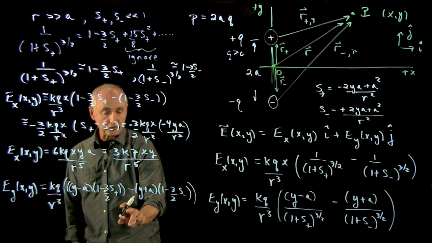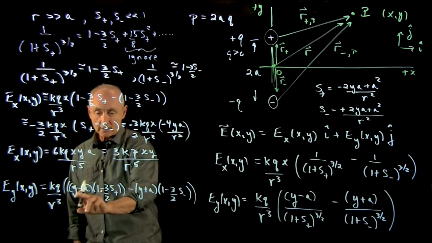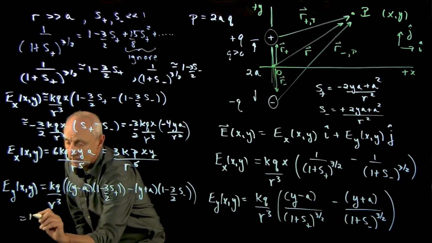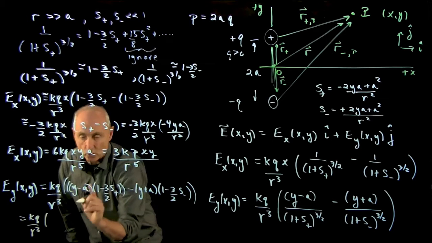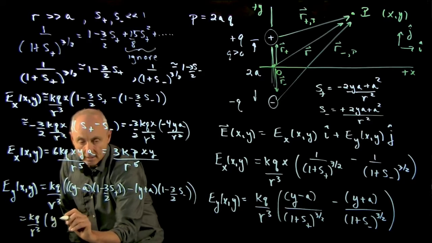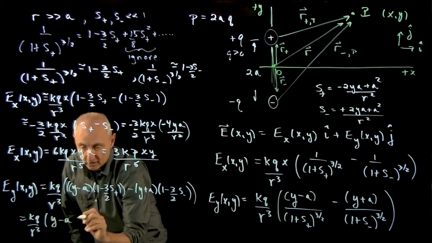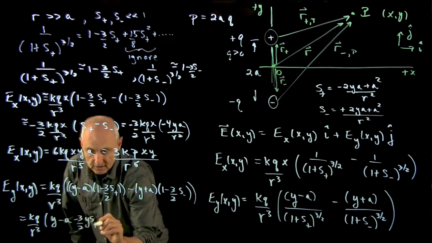And what we'll see is the y's are going to cancel. Maybe it's just a little bit wiser to expand all these terms out. We get y minus a. And over here, we have minus 3/2 y s plus.